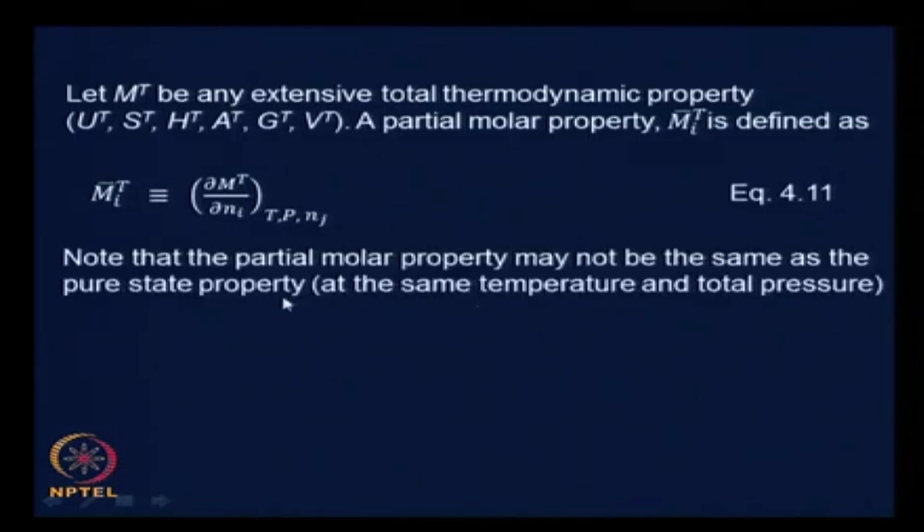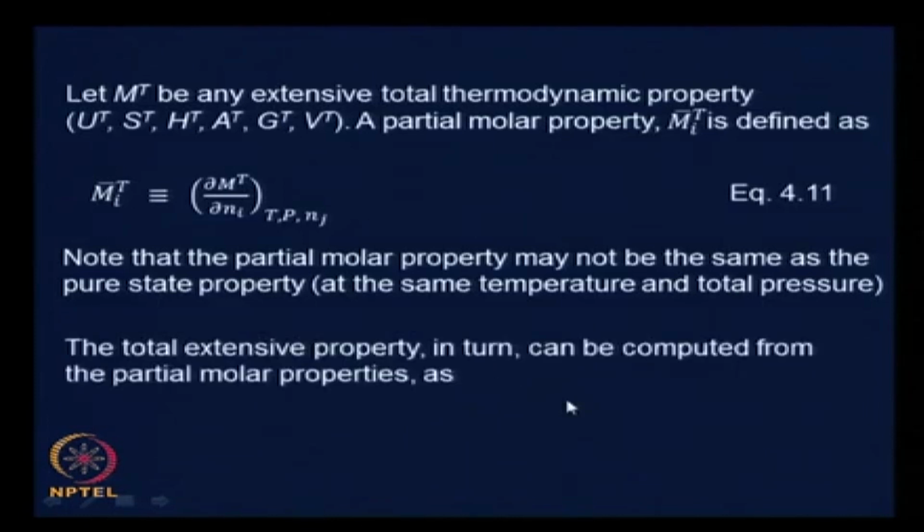And of course, it was quite obvious that the partial molar property may not be the same as the pure state property at the same temperature and total pressure, and the total property, the extensive property, can be computed from the partial molar properties as the sum over n_i, the mole numbers, times the partial molar property of that component. You sum them over all the components, then you get the total property. To be able to express it this way was the need to define a partial molar property at all.